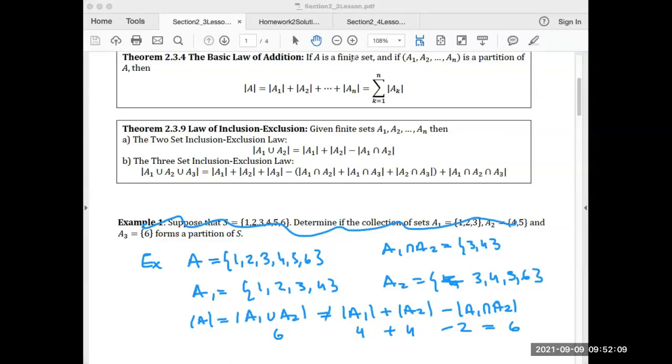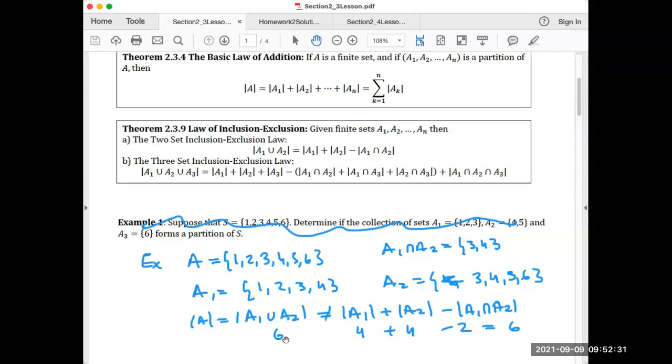So the intersection might be given and you have to figure out the cardinality of the big set, or you might be given the cardinality of the big set and the individual sets and have to find the intersection. You're usually given enough information to figure things out, but this formula is useful if you don't know one thing or another.